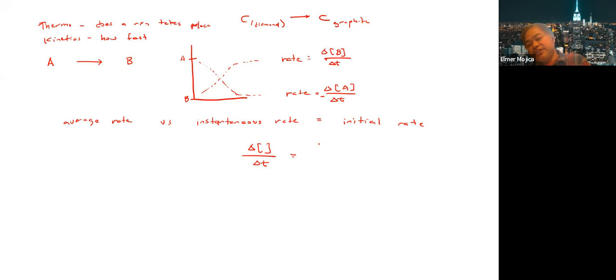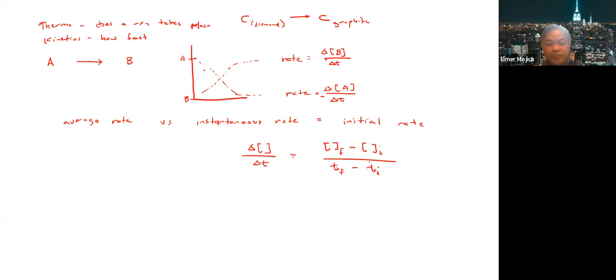So we could say this is just the final concentration minus the initial concentration over the final time minus the initial time. So you always look at this one.